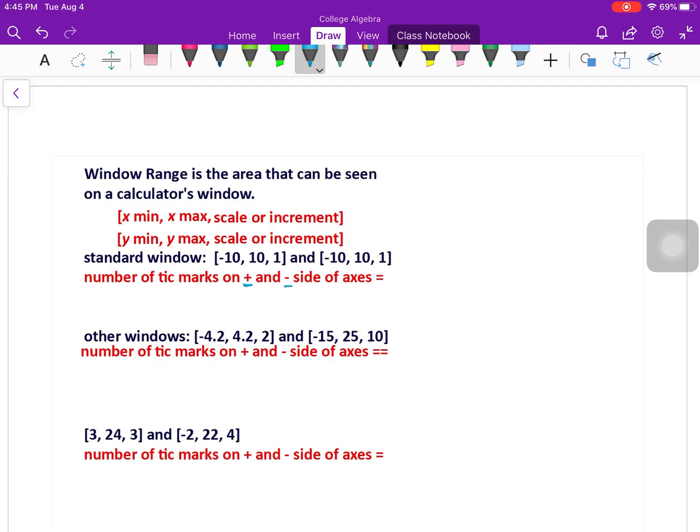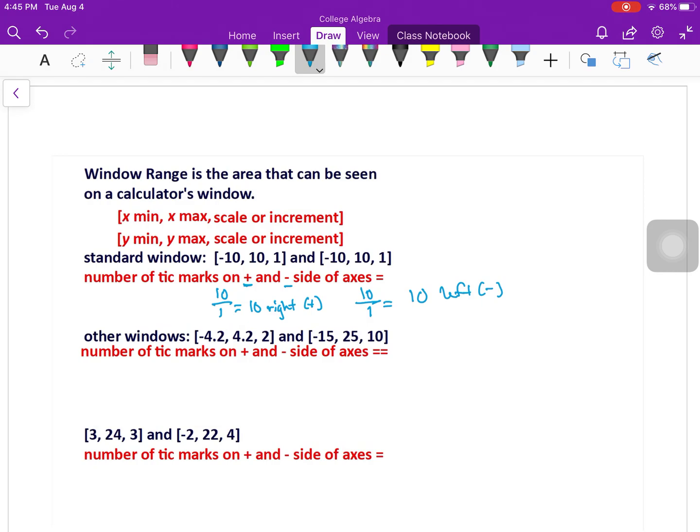So if we go from negative 10 to 10, counting by ones, it says number of tick marks on the positive side and the negative side. So negative 10 to 0 is 10 tick marks. Counting by ones, dividing it by 1, gives me 10 tick marks on the right, positive side, and negative 10 to 0 is 10 tick marks on the left, divided by 1, on the negative side.